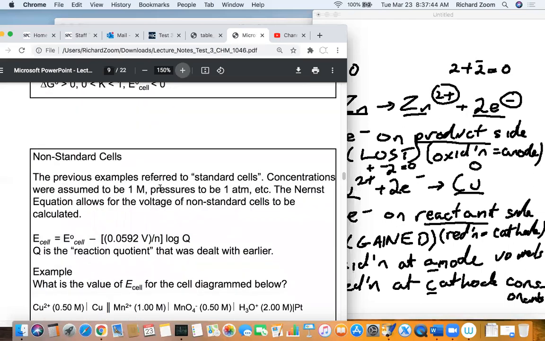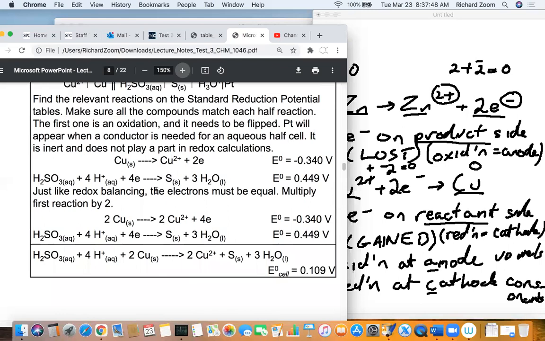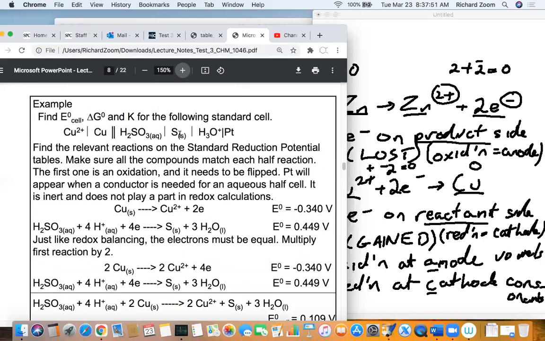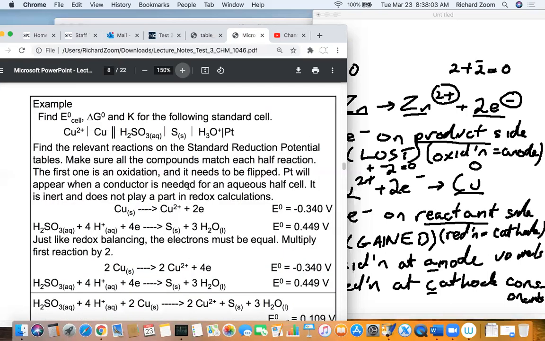All right, well, let's get into the non-standard cells. Now, the cells we've talked about thus far, this cell diagram, it does say for the following standard cell. And as we notice on this table here, the standard electrode potentials were at 25 degrees Celsius. So that's part of the standard cell type situation.